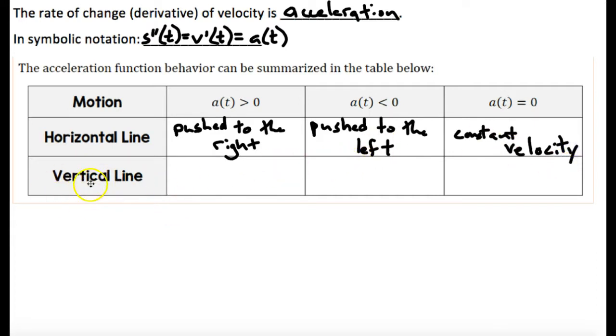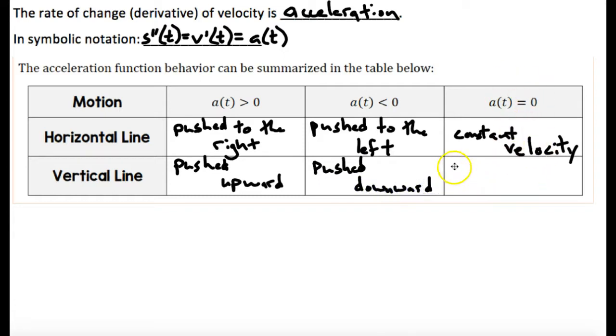So similarly, if we have a particle moving up or down, if acceleration is positive, we can say it is being pushed upward. If acceleration is negative, it is being pushed downward.